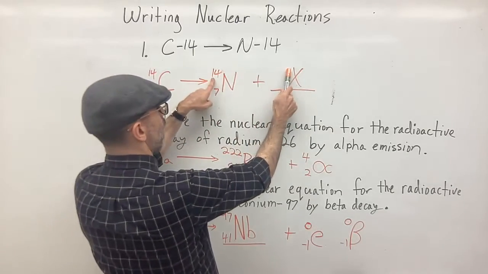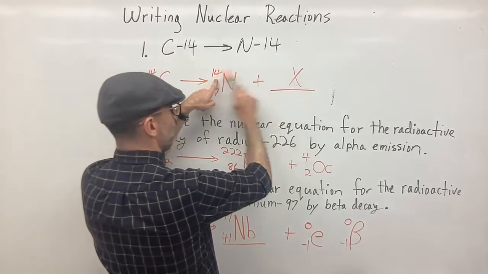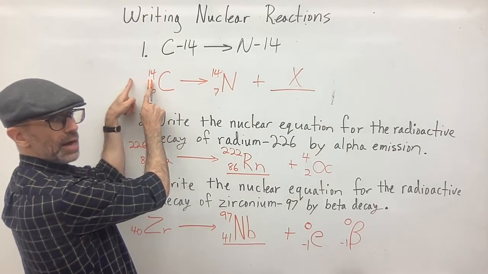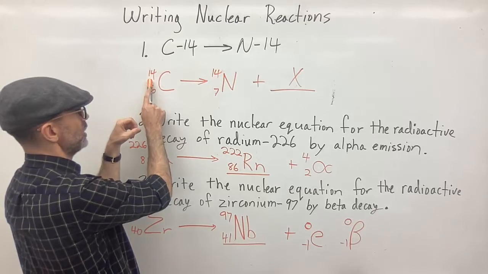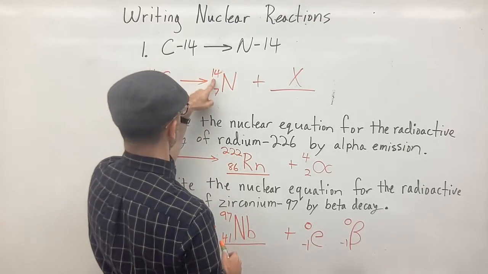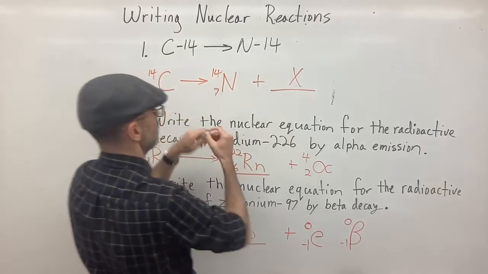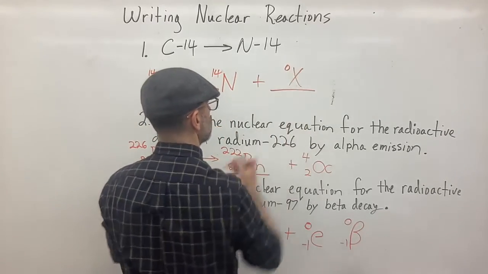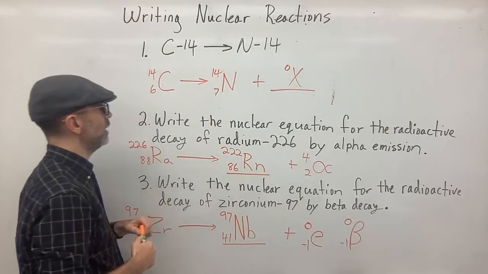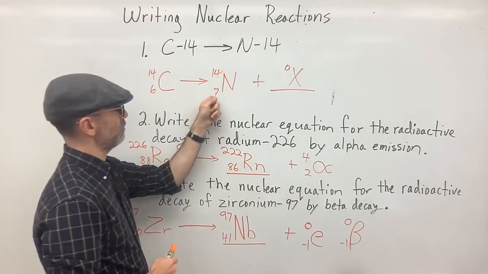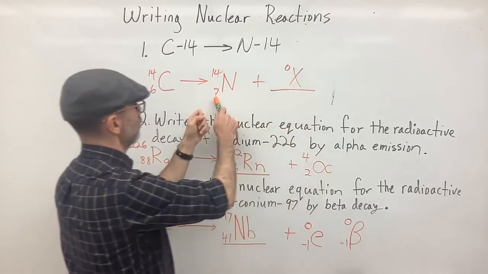the 2 top numbers here on one side has to equal the total top number on this side. So the total here is 14. So 14 is the same. So 14 plus what gives us 14? That would be 0. And then here we need 6 on this side. 7 plus what gives us 6?